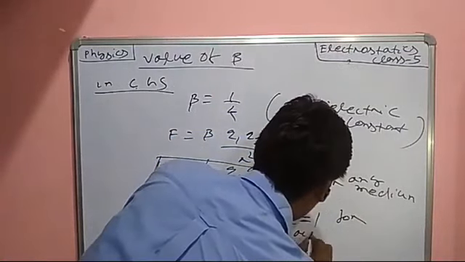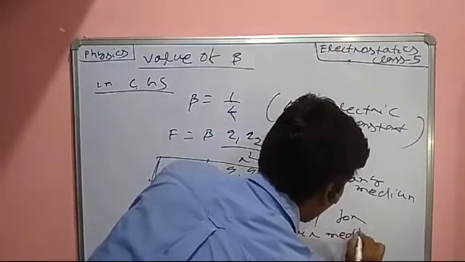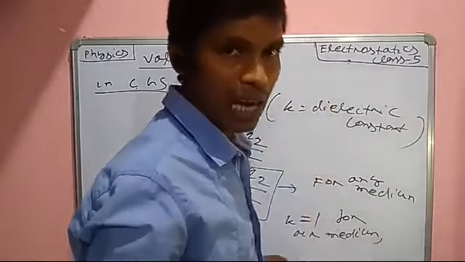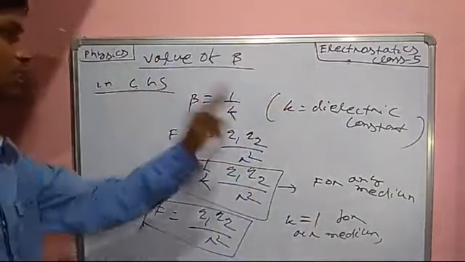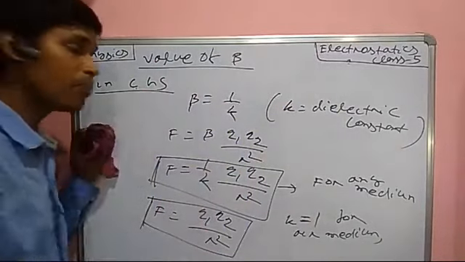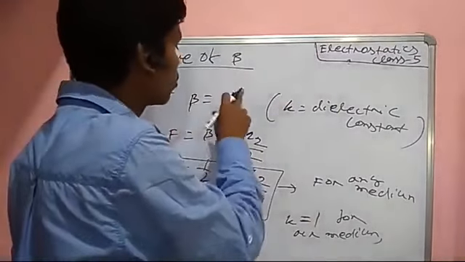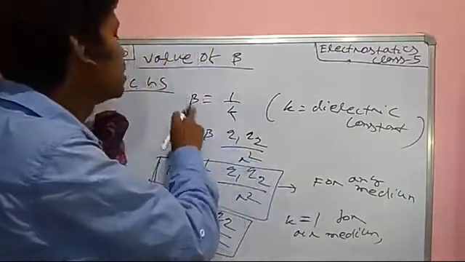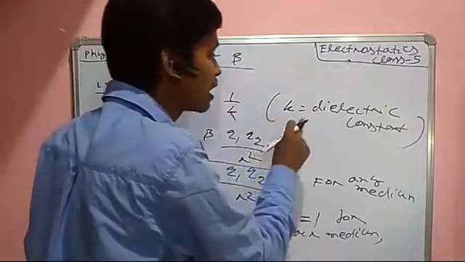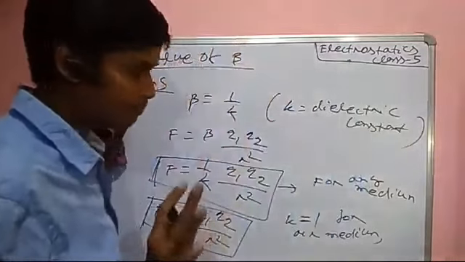For air medium or free space or vacuum, k is equal to 1. That is the CGS. In CGS, you have to remember, the value of beta is equal to 1 by k, where k is the dielectric constant.